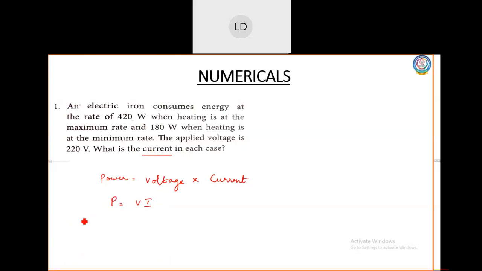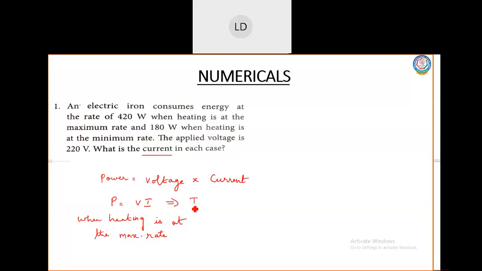When heating is done at the maximum rate, the power consumed is 420 watt. So first, when heating is at the maximum rate, what is the current? I need to rearrange this formula.